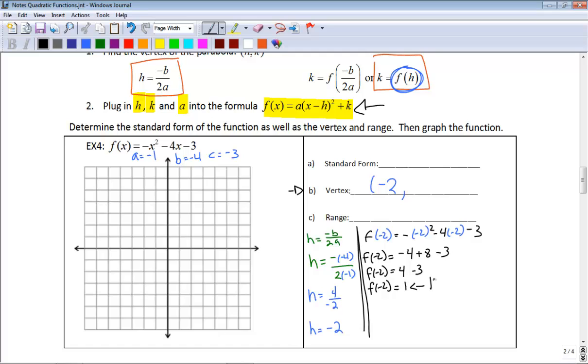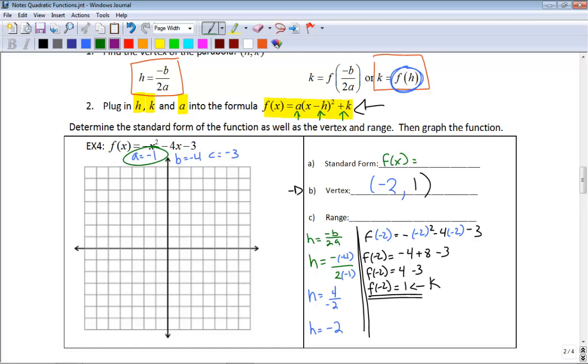Well, remember, this is your k. So the function's value at whatever h is gives you your k. So my k is equal to 1. So now I found my vertex. Once you have your vertex, you can find standard form. What you need to do is plug in a, h, and k. So a in this problem is your original a, which is negative 1.